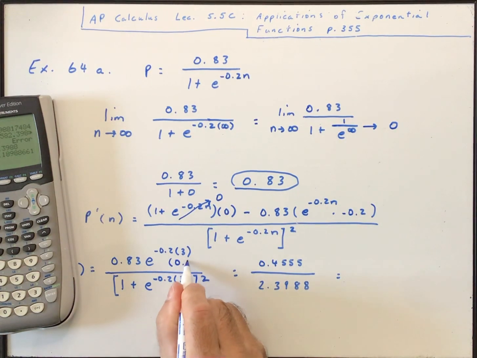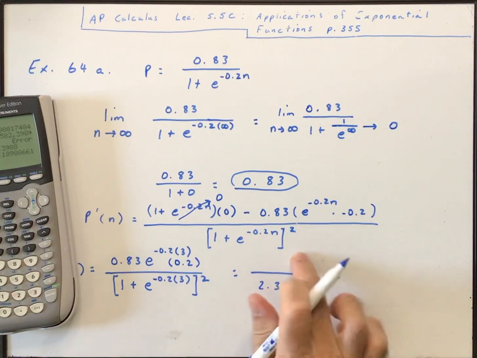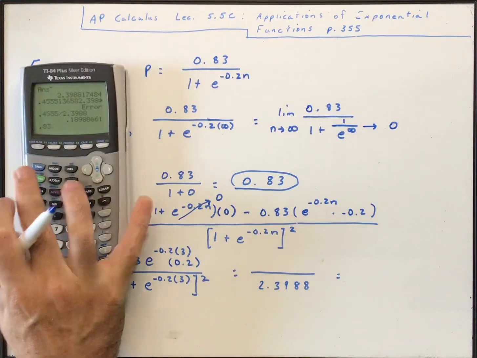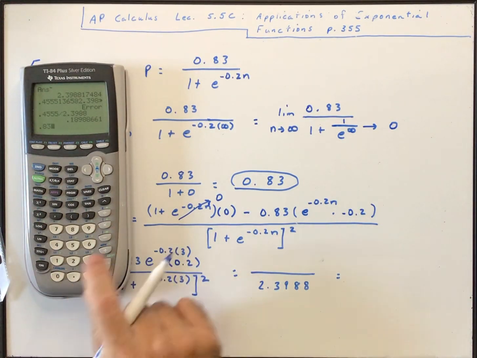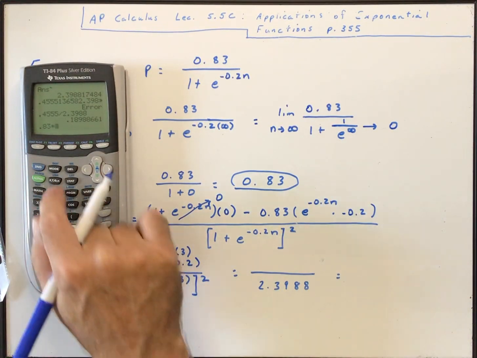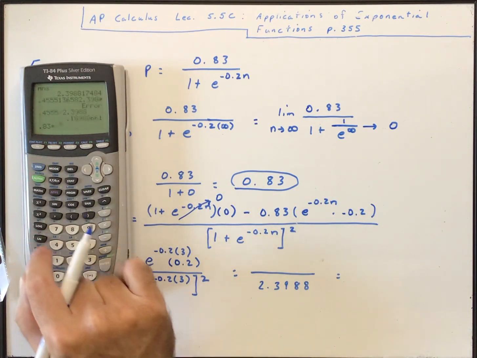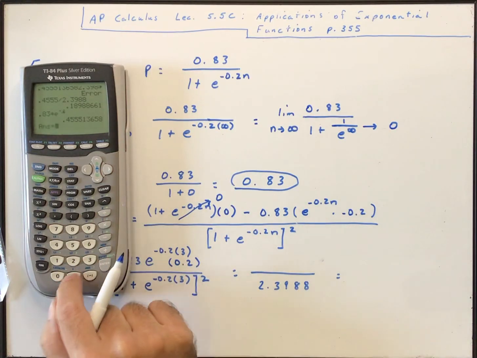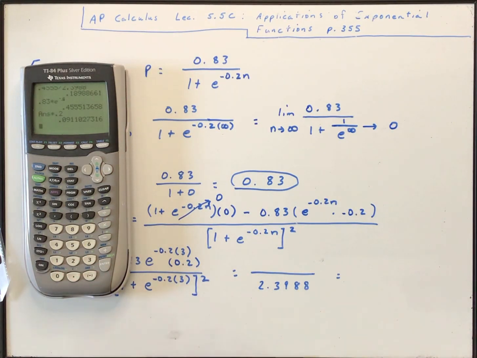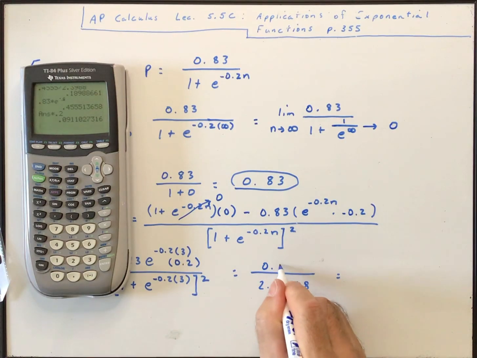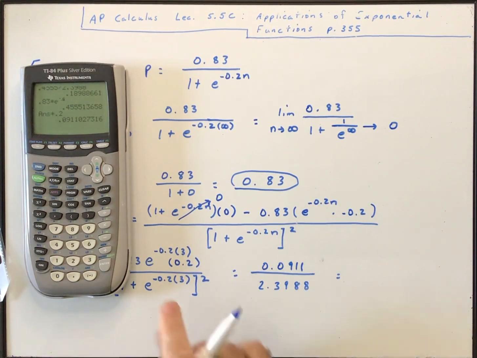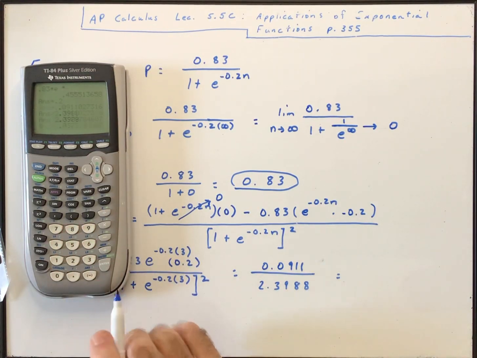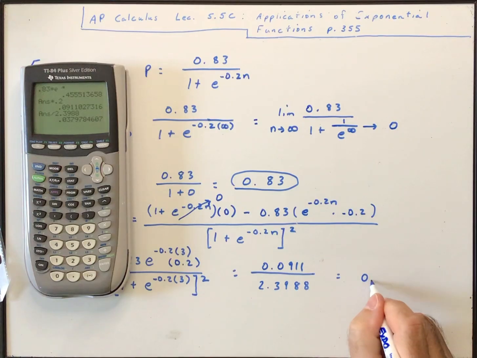So times 0.2. My apologies there. So that'd be 0.83 times e to the negative 0.6 times 0.2. So that would give you 0.0911. And then we're going to divide that by 2.3988, and that's 0.038.